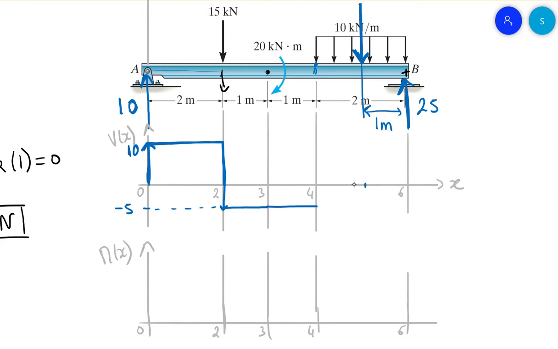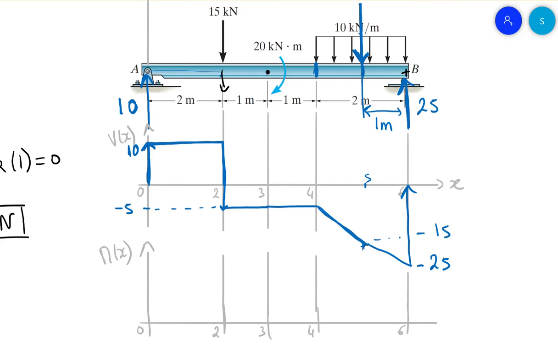So we keep going. And now we decrease by 10 kilonewton every meter. From this point to this point we decrease by 10, so we go to minus 15, it's not exactly at scale.